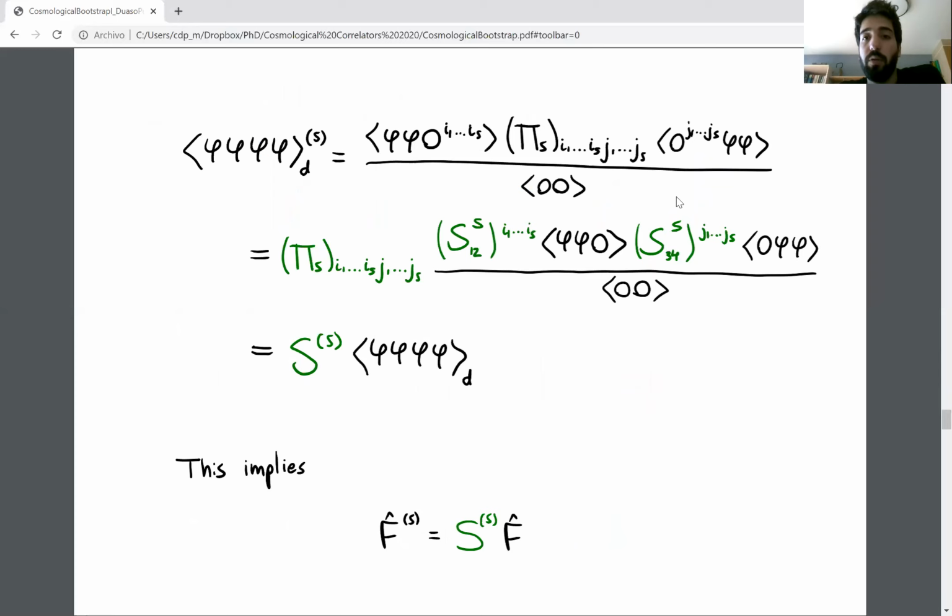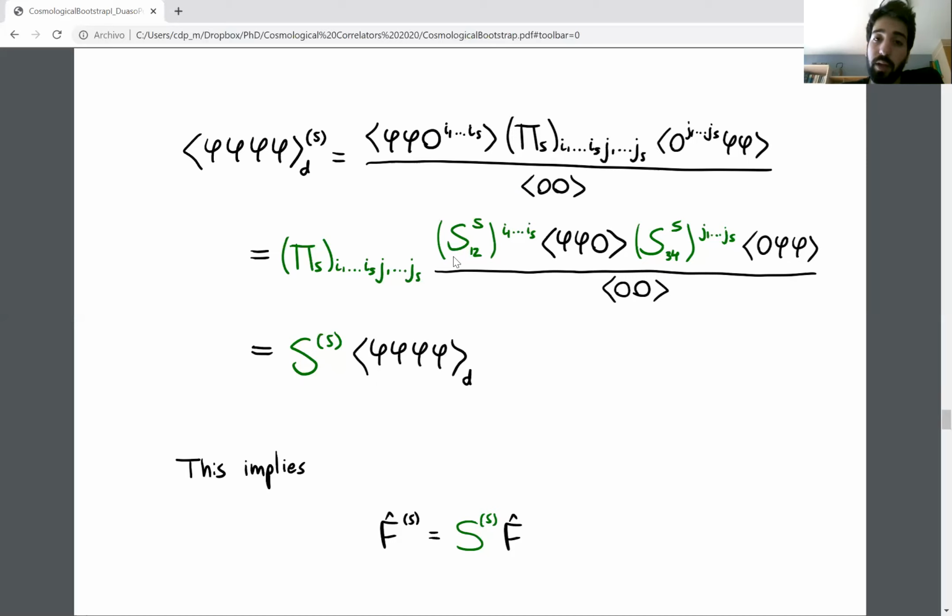And this can be written with the 3-point functions that correspond to the two vertices contracted with the polarization tensor of the exchanged field. Now, we know that these 3-point functions can be written like this in terms of the weight shifting operator acting on the scalar 3-point function.